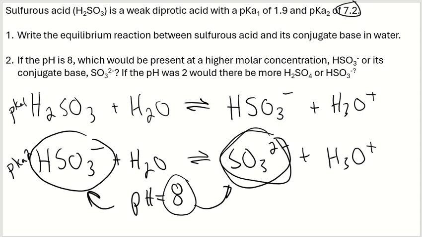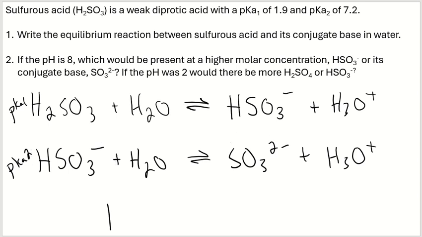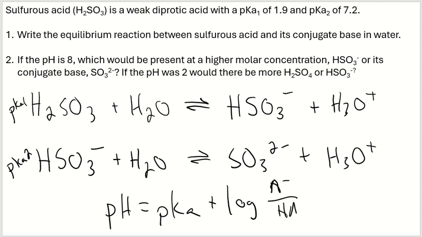which is the sulfite. And the way you can kind of determine that is by the Henderson-Hasselbalch equation, where pH equals pKa plus the log of the conjugate base over the acid.